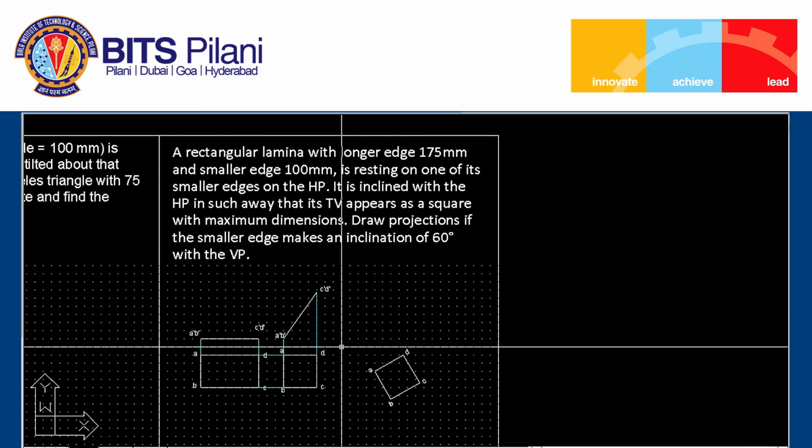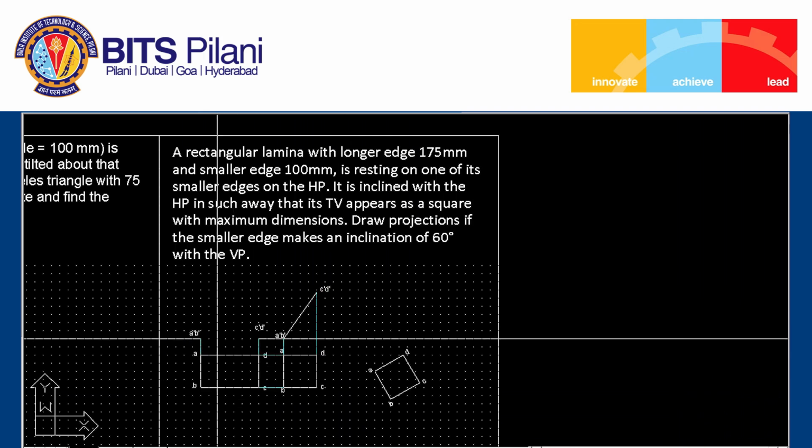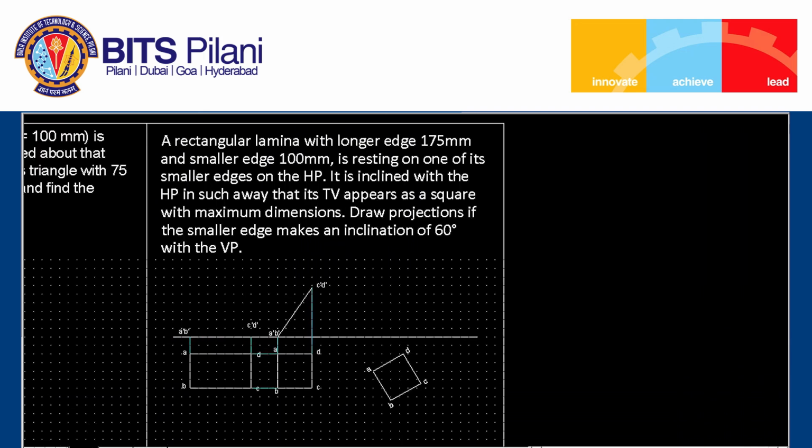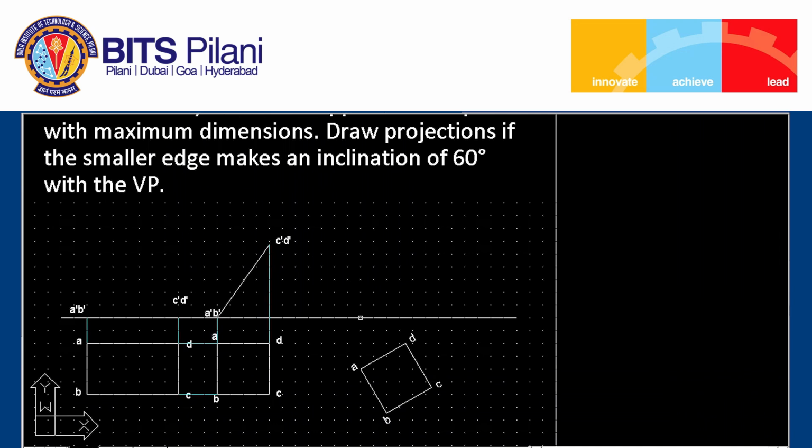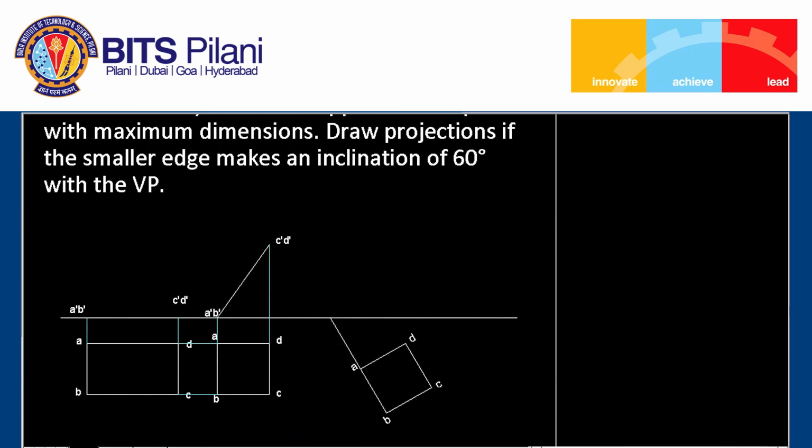Okay, and I will draw the XY line. Here I have to make sure that this edge makes the angle 60 degrees with XY line. Okay, this angle is 60 degrees.